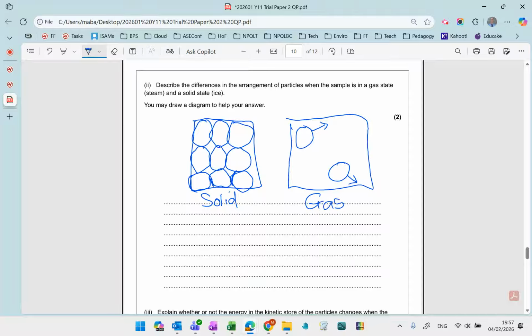Okay, you can describe it in words, but there's two very distinct things that you're going to have to try and communicate. So the particles are much closer together in a solid, basically touching, and much further apart in a gas. So the intermolecular spacing is much larger in a gas.